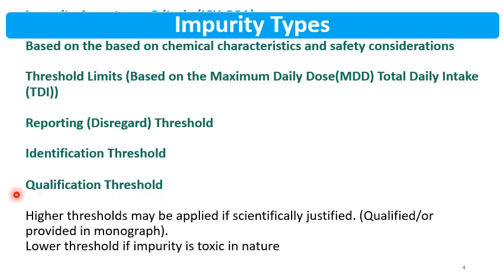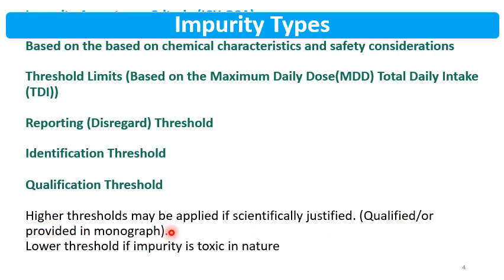If any impurity crosses the qualification threshold, then there will be a qualification process and that impurity is required to be qualified. A higher threshold may be applied if scientifically justified, qualified or provided in the monograph.